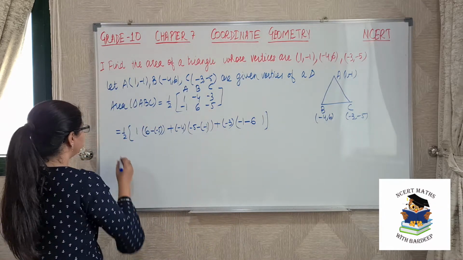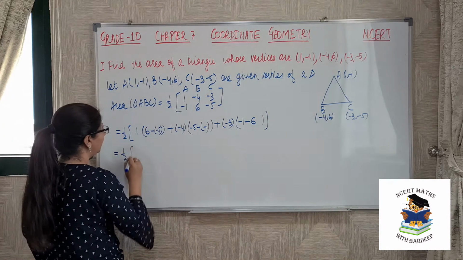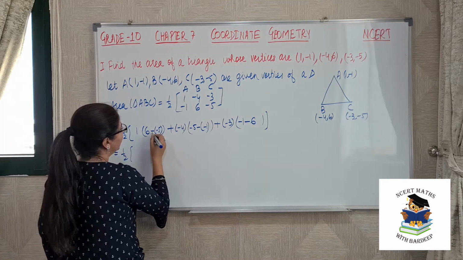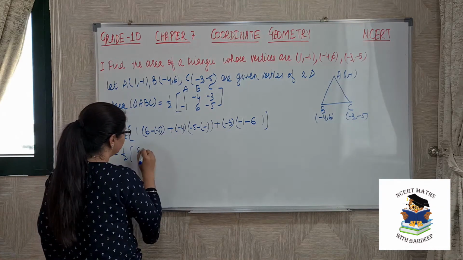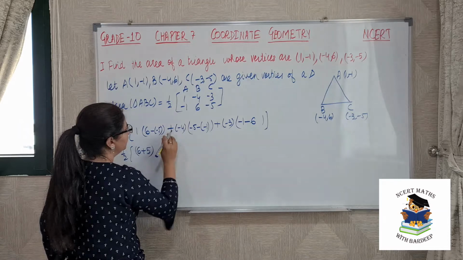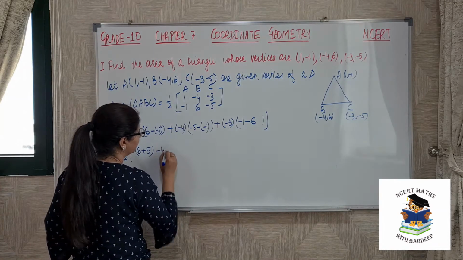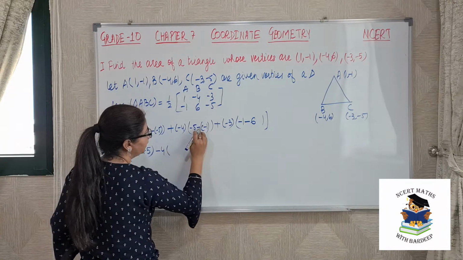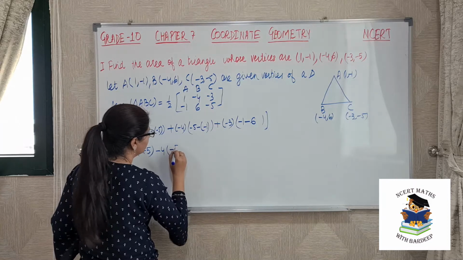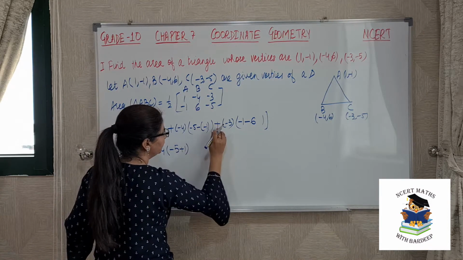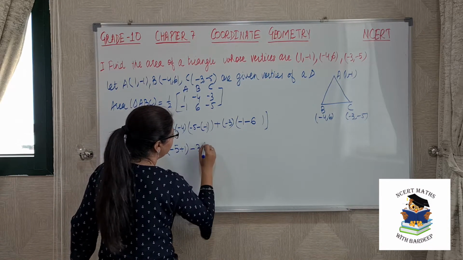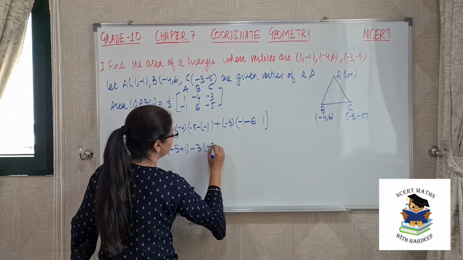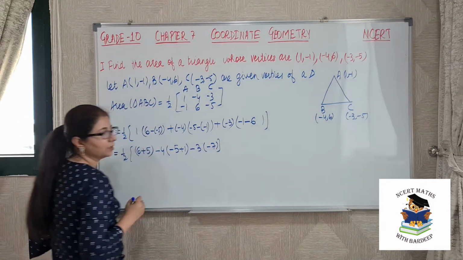So now let's solve this. This is half of 1 times minus and minus is 6 plus 5 here, plus minus 4, minus 5 minus minus is plus. So minus 5 plus 1, again plus minus 3, minus 1 minus 6 is minus 7.